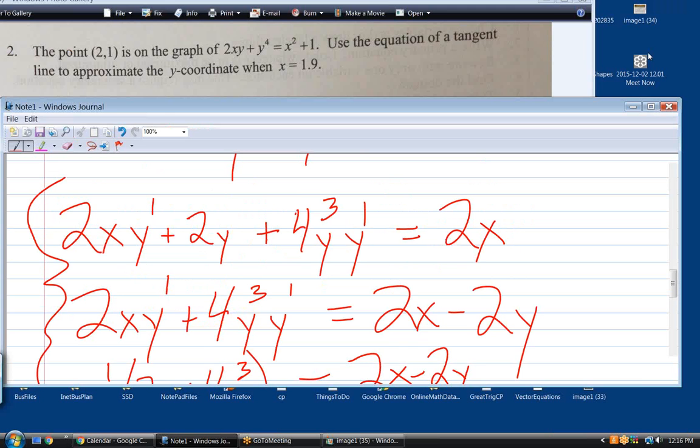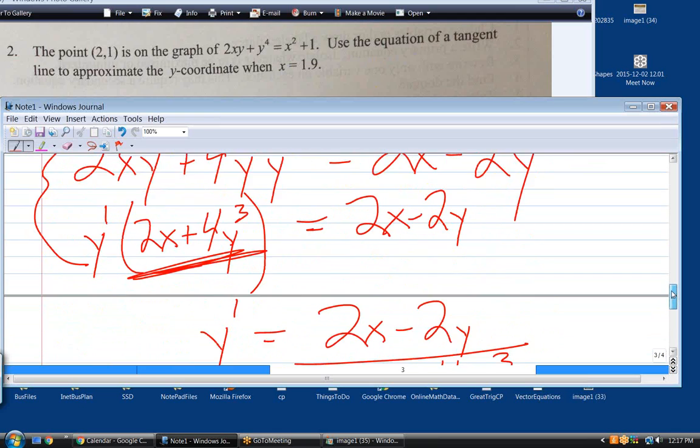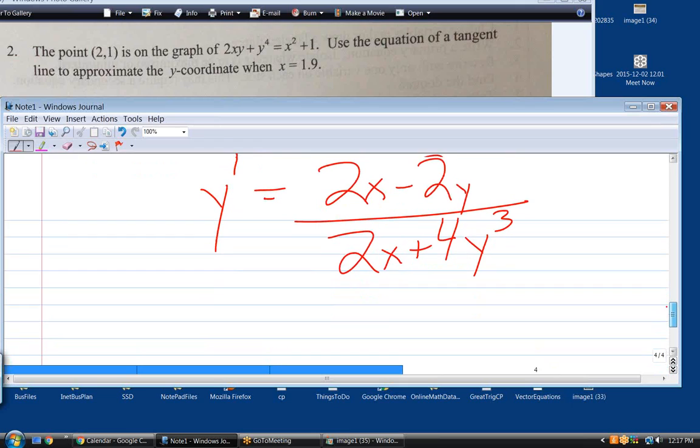Now, use the equation of a tangent line. Well, when the x-coordinate is 1.9, thinking for a moment.